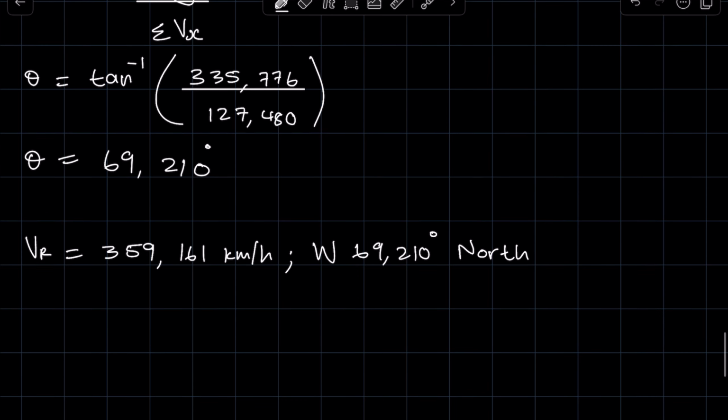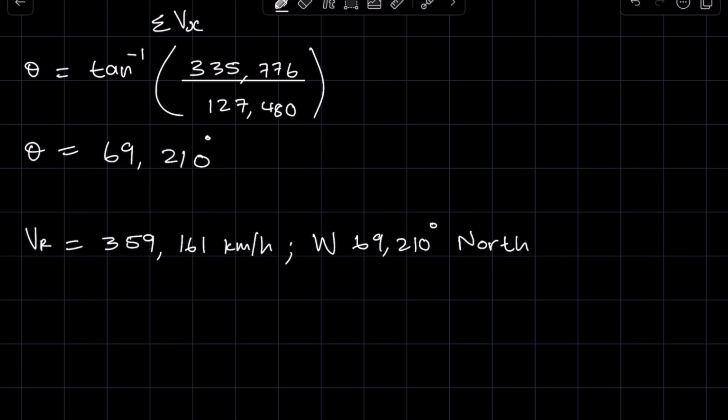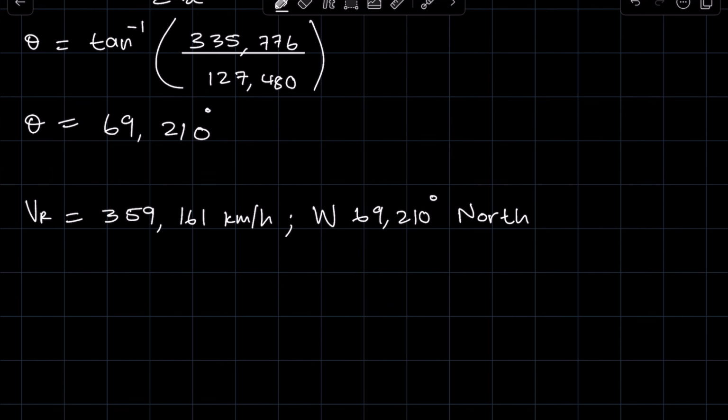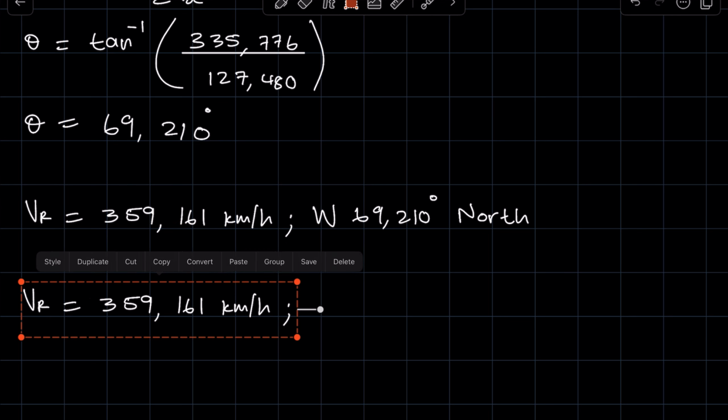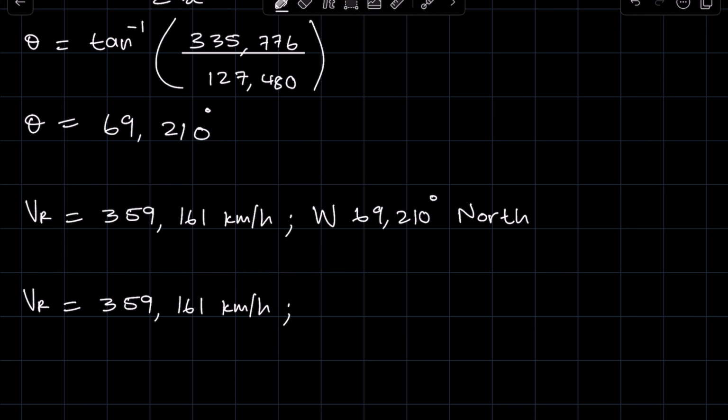Now, had you referenced your angle from the y-axis, it would be 90 minus what we got, 69.210, which is 20.79 degrees. The magnitude would still be the same. And as far as direction, theta referenced from the y-axis would be equal to 90 minus 69.210, which is 20.79 degrees.